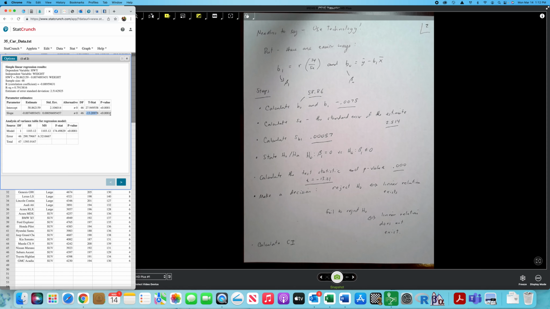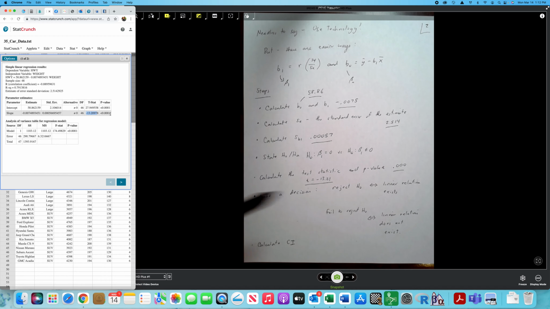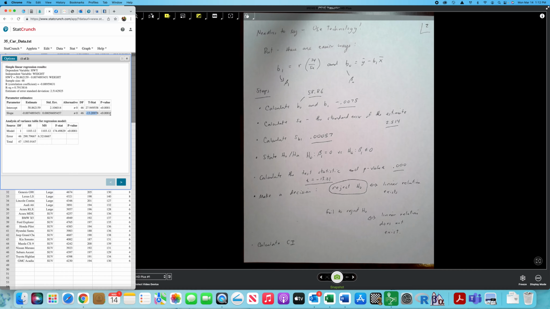Now, assuming that we're testing at alpha equal 0.05, and again, that would be stated, but nevertheless, for any of the alpha values, this p-value would fall below. So then we would make a decision that we reject H sub 0. So by rejecting H sub 0, we can assume that a linear relation exists between the weight of a car and miles per gallon.